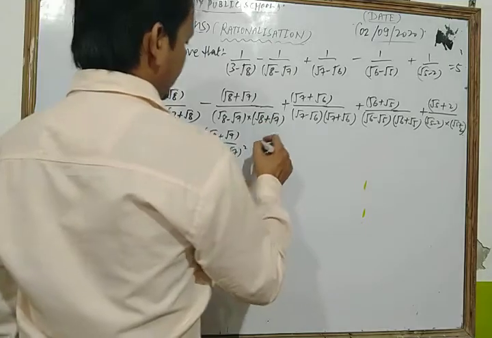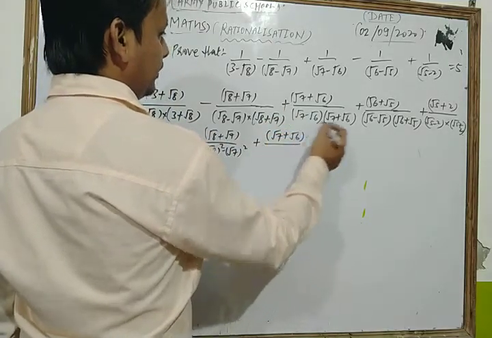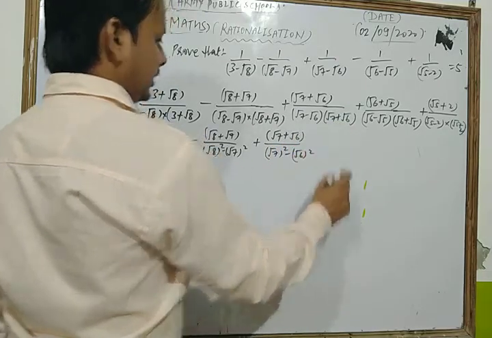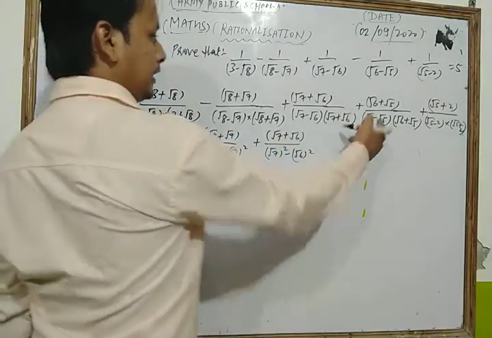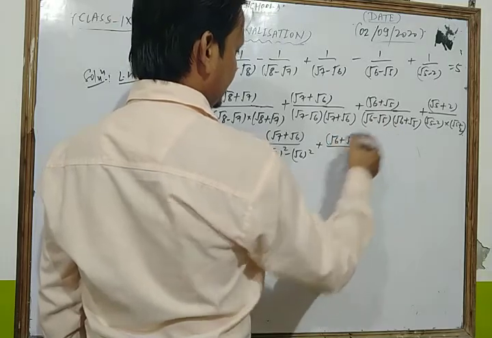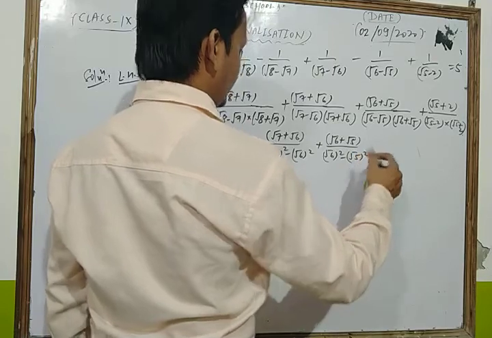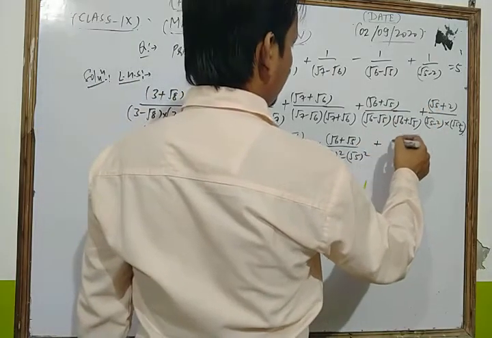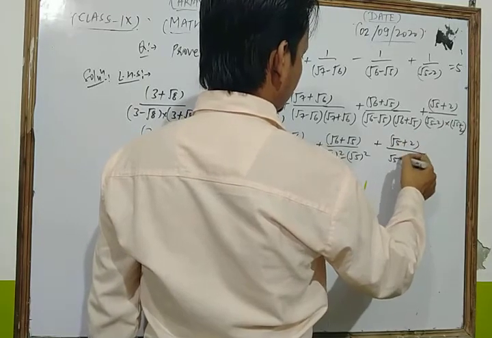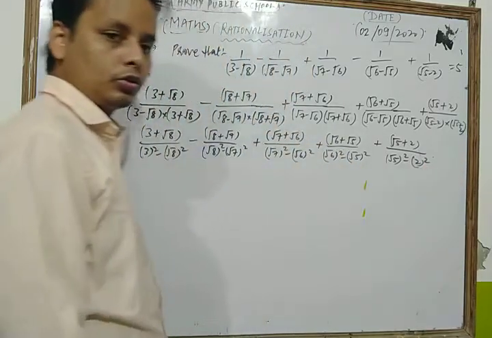Now we write root 7 plus root 6 as it is, and here we get root 7 square minus root 6 square. The same process applies here. We write root 6 plus root 5 as it is, and in the denominator root 6 square minus root 5 square. Now we write root 5 plus 2, and in the denominator root 5 square minus 2 square.